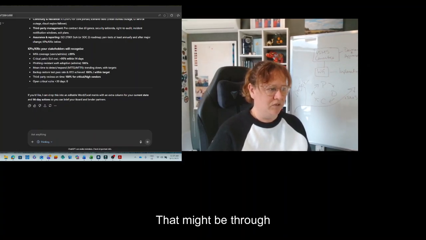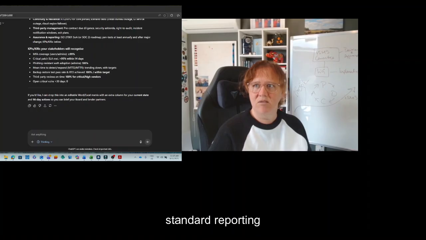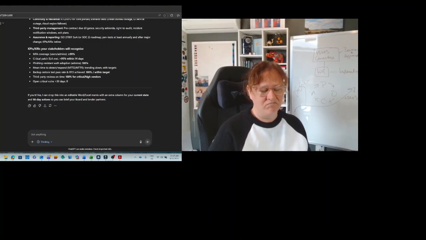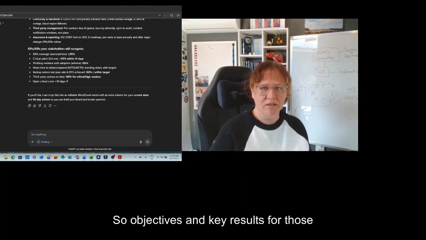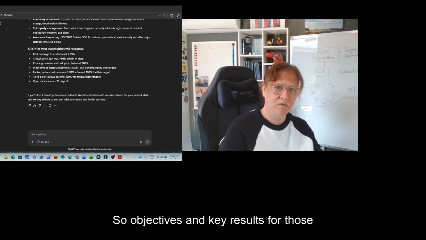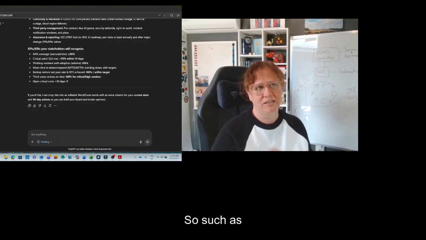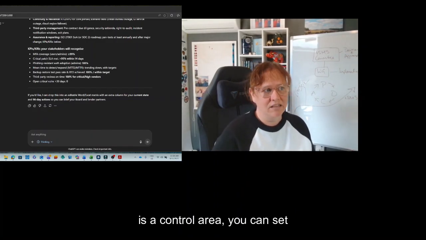That might be through standard reporting, audits, obviously, and setting OKRs, so objectives and key results, for those control areas. For example, training is a control area.